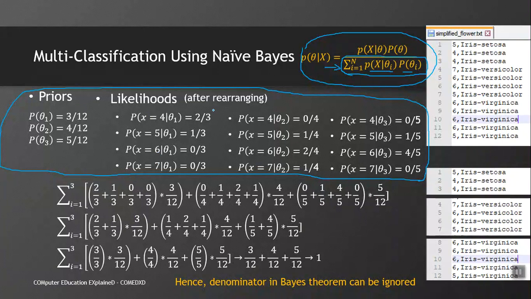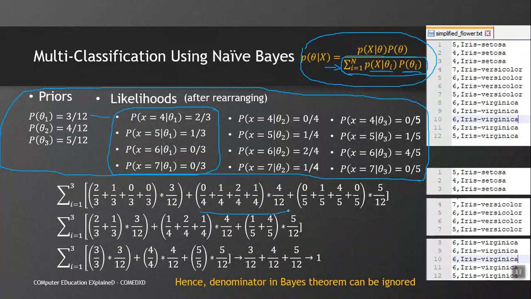Here we have rearranged and we have got all the 4 values for class 1: x is equal to 4 given class 1, x is equal to 5 given class 1, x is equal to 6 given class 1, and so on. So, we write here 2 over 3, 1 over 3, 0 over 3, 0 over 3 multiplied by 3 over 12, which is the probability of class 1.